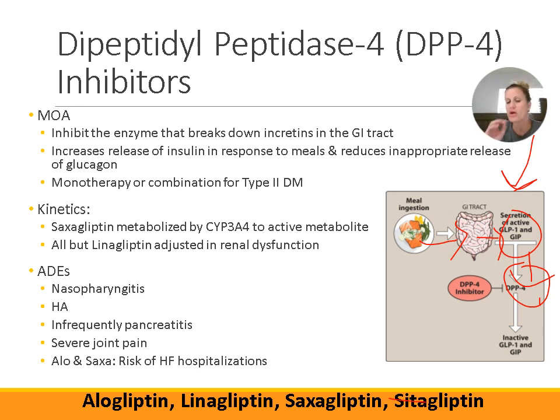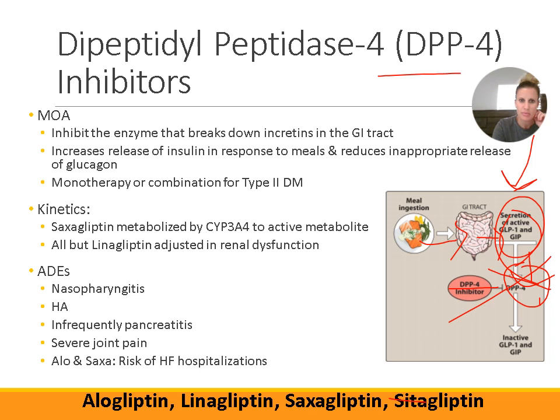These DPP-4 inhibitors inhibit DPP-4 so we don't break down the GLP-1 or GIP, so that those are active longer. So these actually have an overlapping mechanism of action with the GLP-1 agonists. And because of that, we do not use them with GLP-1 agonists.